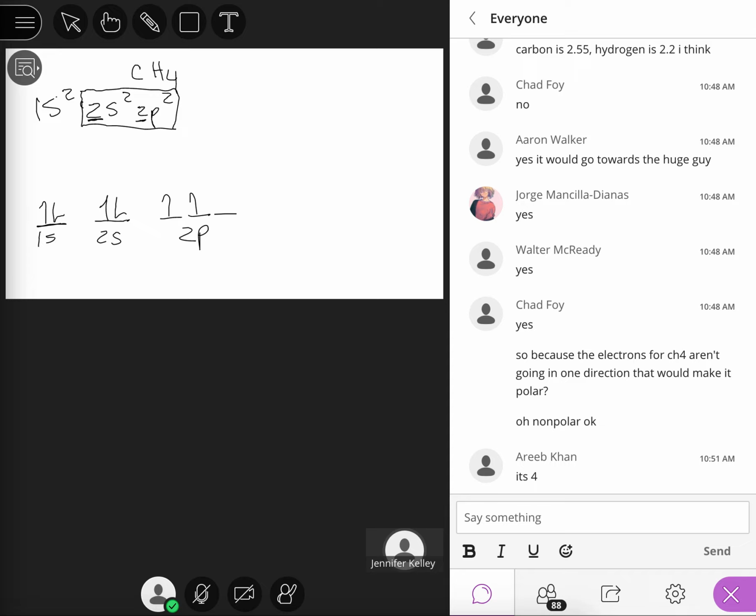To make a bond, you've got to take one orbital that has an electron in it, and another orbital that has an electron in it that can spin pair. Spin pair means one goes up, one goes down. That'll make a bond. Looking right here, we only have 2 orbitals that are half filled.